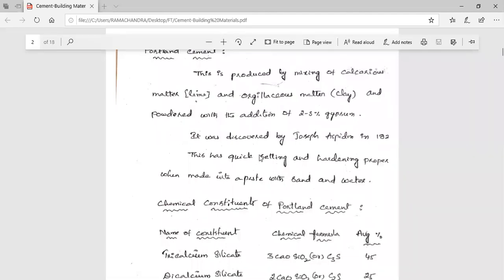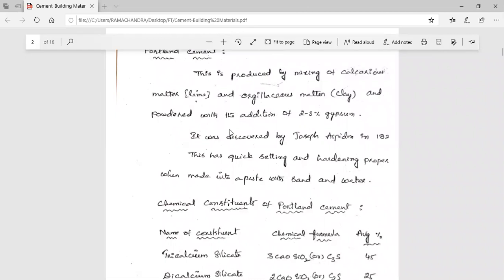So listen, Portland cement is the mixture of lime and clay with the addition of 2 to 3% gypsum. We mix these three to form a powder, and that is known as Portland cement.